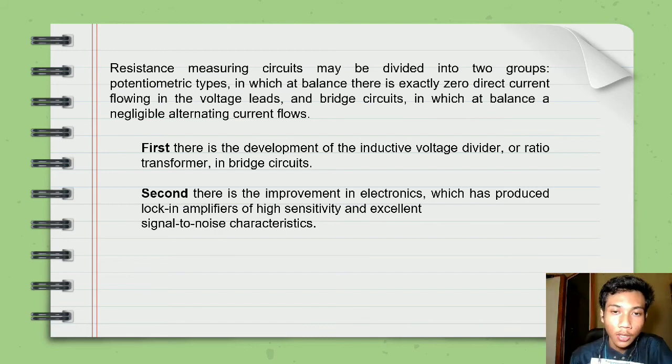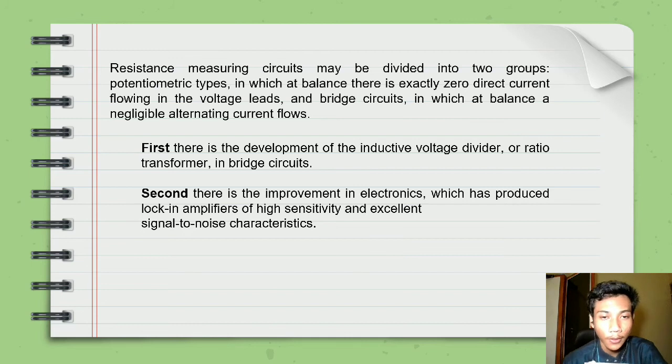Resistance measuring circuits may be divided into two groups. The first is potentiometric types, in which at balance there is exactly zero direct current flowing in the voltage leads. And the second is bridge circuits, in which at balance a negligible alternating current flows.